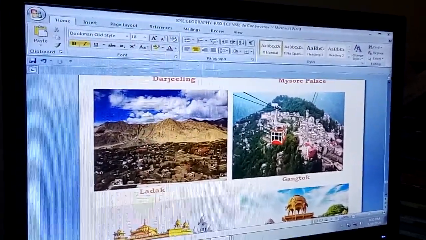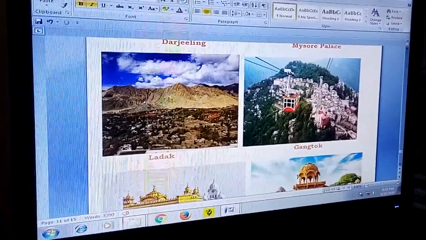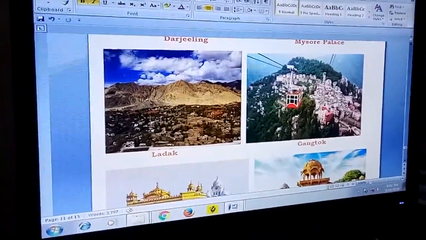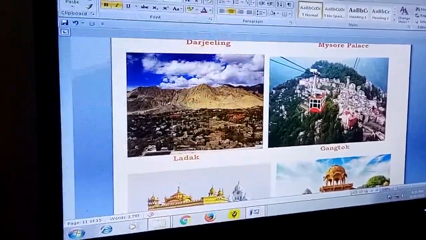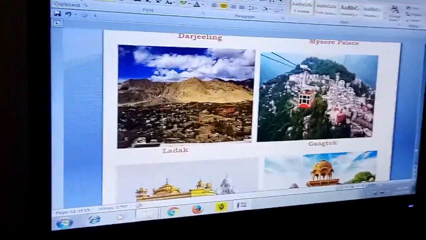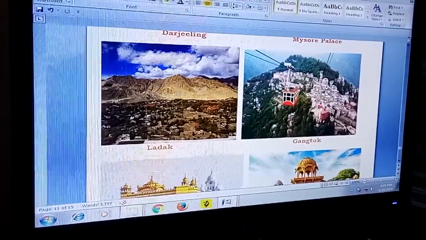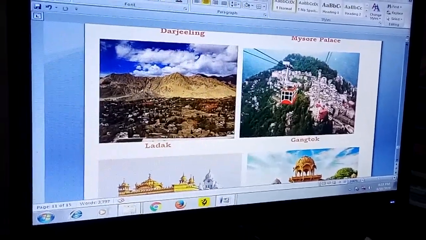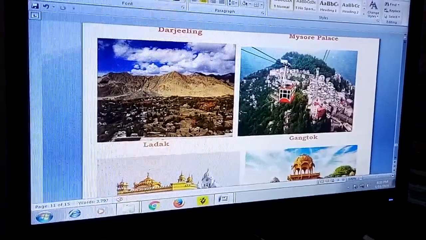Just type wildlife conservation efforts in India. You will get so many blogs. Then you pick up whichever blog suits you. Some will be written as I have explained to you, but some you have to pick up and make your own subtopics.